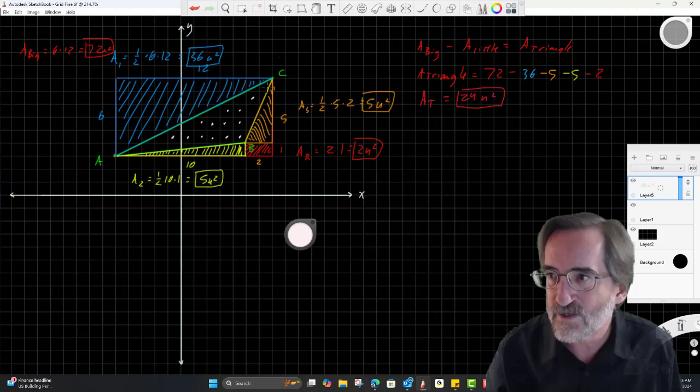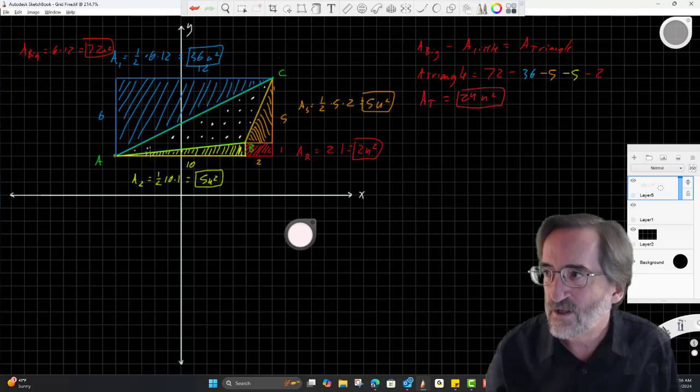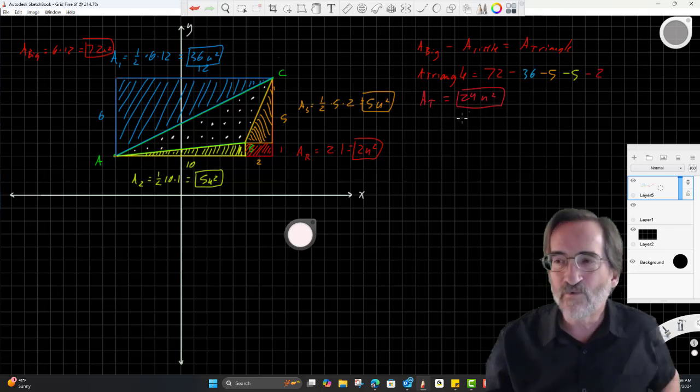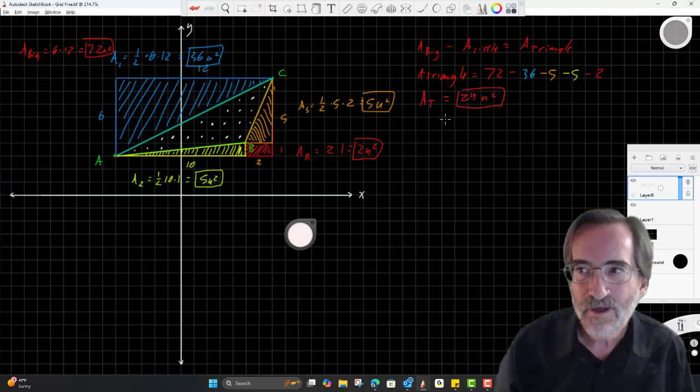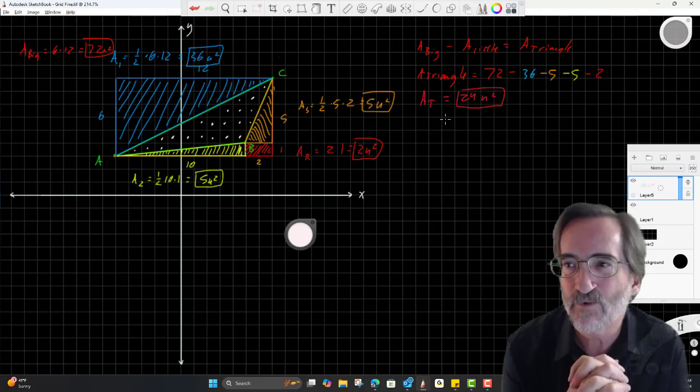And if it seems to be more than half of a square, I'll count it. 14, 15, 16, 17, 18, 19, okay, 20. Between these two, 21. Yeah, so 24 sounds reasonable, right? So check your answer to see if it's in the reasonable range.